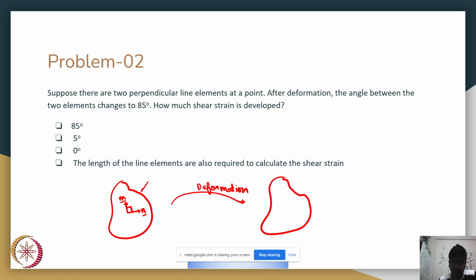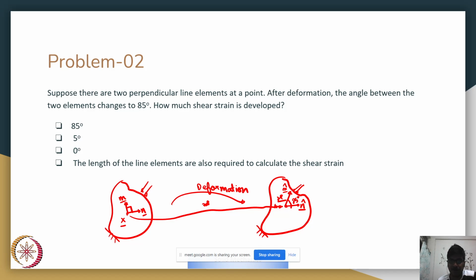So maybe some force like this is applied, there is some fixed boundary condition, and we end up with this as the deformed configuration. Then this point capital X gets mapped to small x, and the line segments are now n hat and m hat. The angle between these two is told to be 85 degrees.